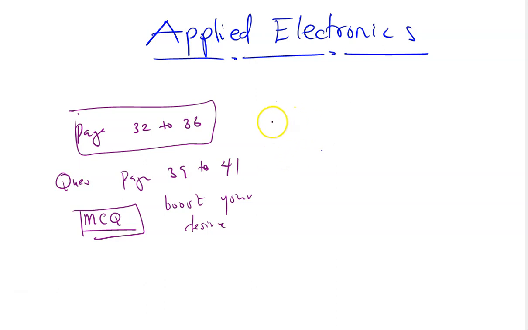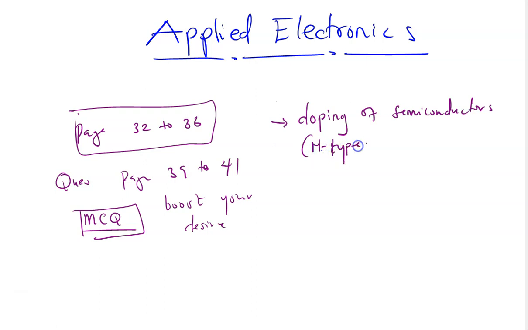Okay, so as discussed last week, we plan on talking about doping of semiconductors, right? And that gives birth to the N-type and P-type semiconductor. So the doping gives birth to the N-type and the P-type semiconductors.